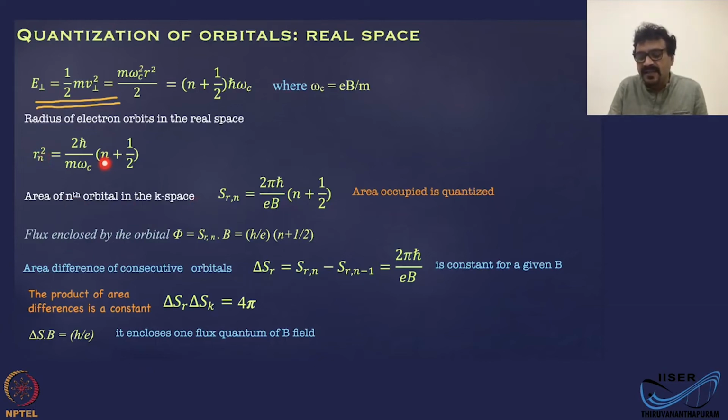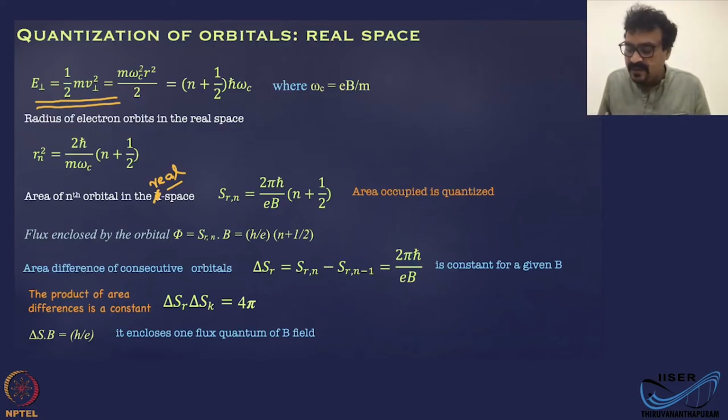Rn represents the radius corresponding to the nth level, or nth orbital, in the real space, okay? It should be real space.